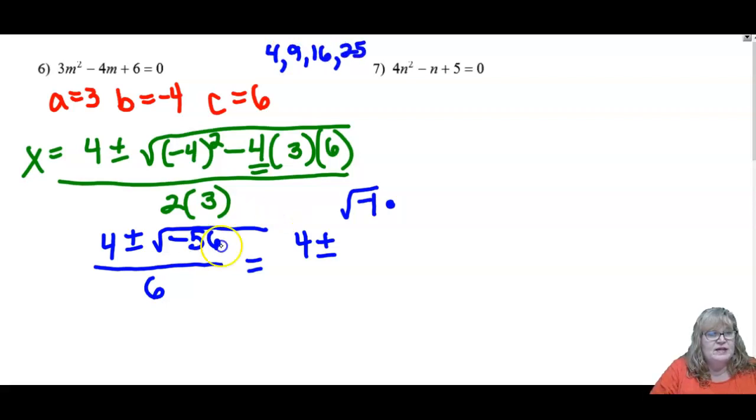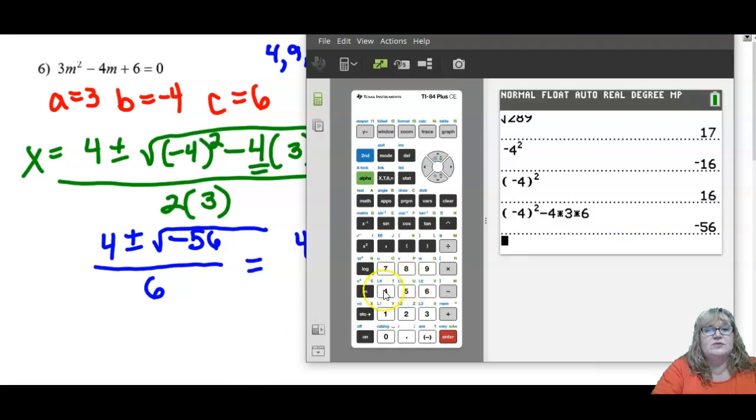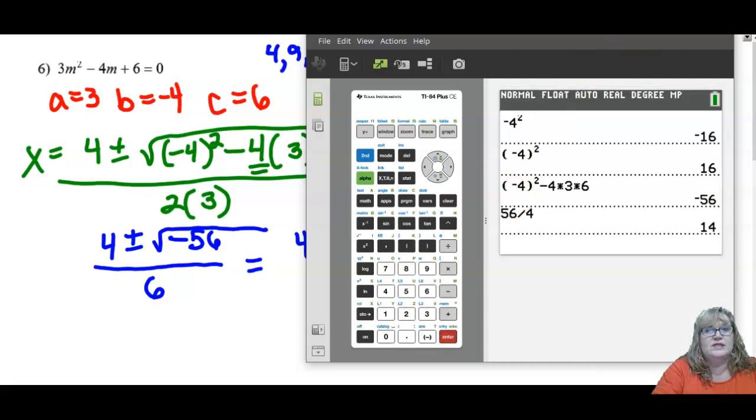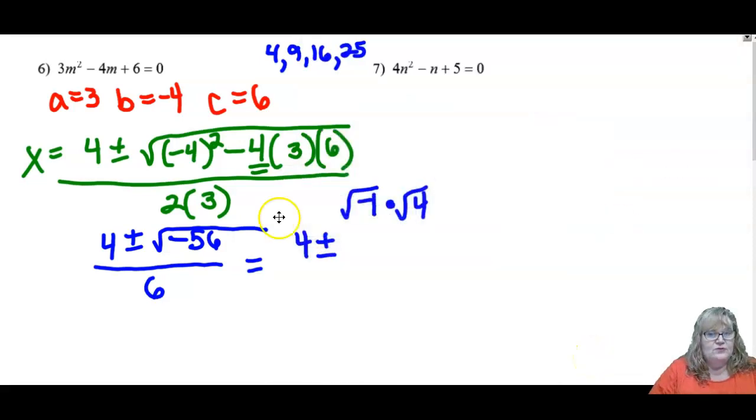Any of those divide in here? I believe 4 does. So if I take 56, which I already divided out the negative 1, and I divide it by 4, it does come out evenly as 14. Now 14 is 2 times 7, but is 2 or 7 a perfect square? Nope. So we get to just leave it like this.